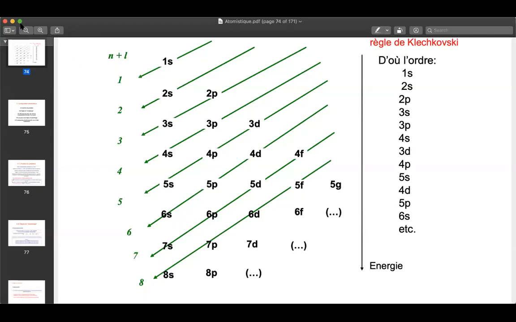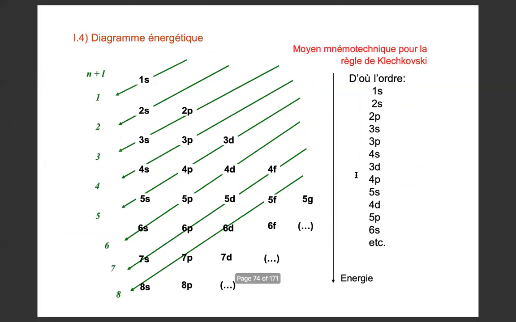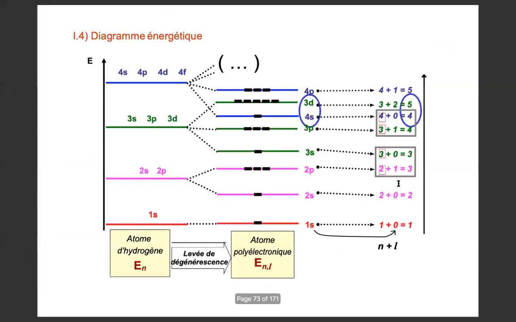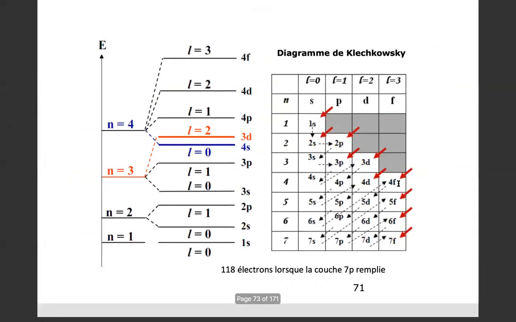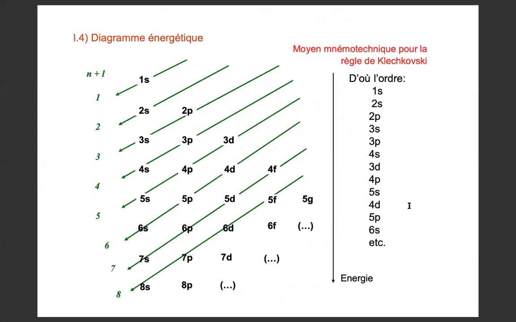Now you can see. So first of all, before looking at this, I want you to start from this side. Look at this side first, then we come to the other. The rule is, this is how you're supposed to fill in the shells.